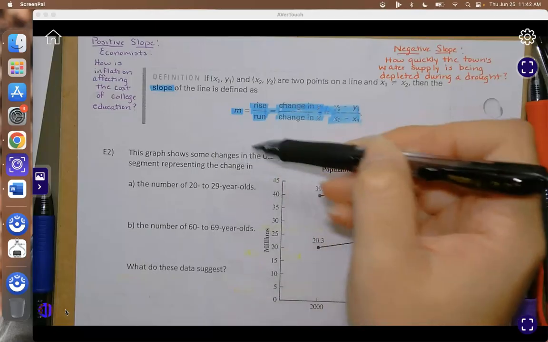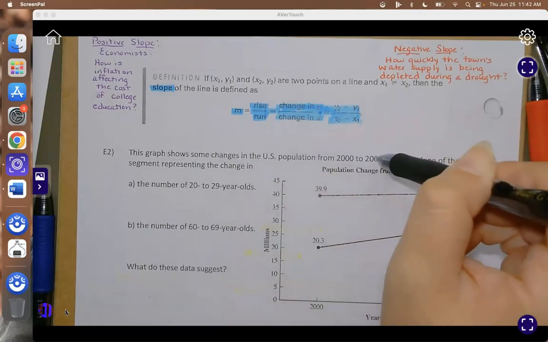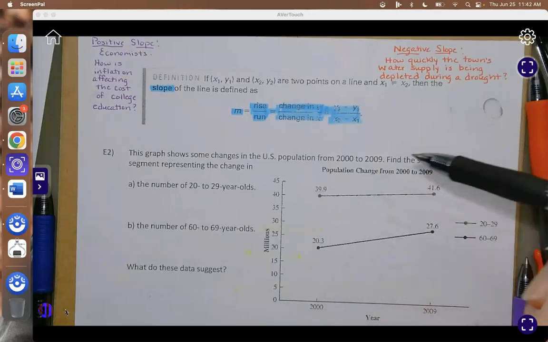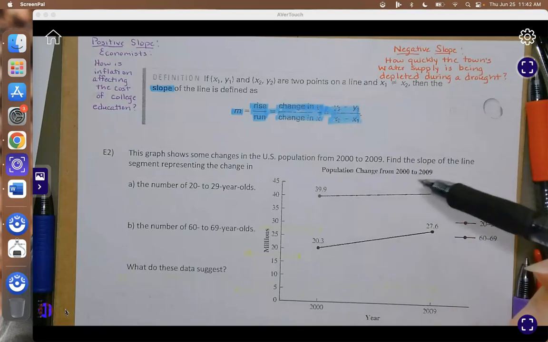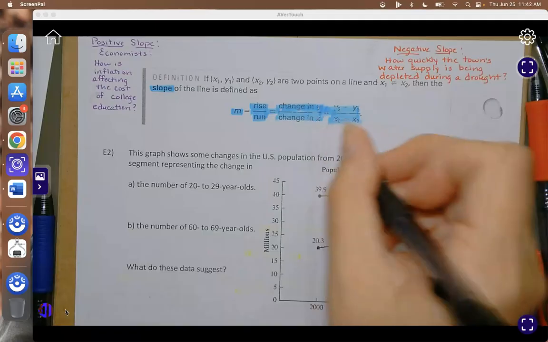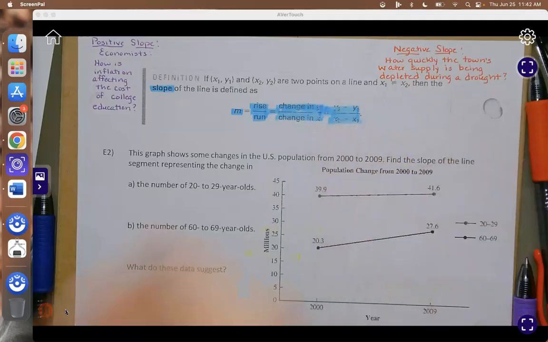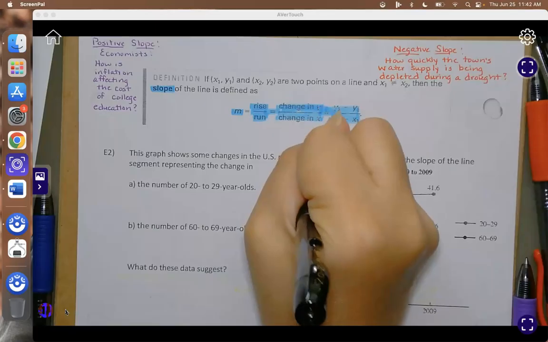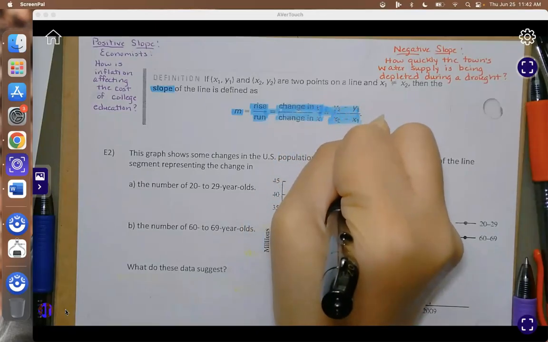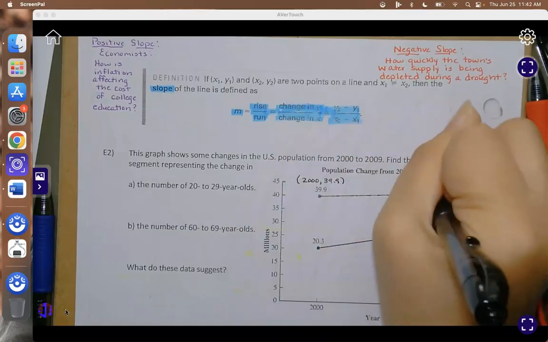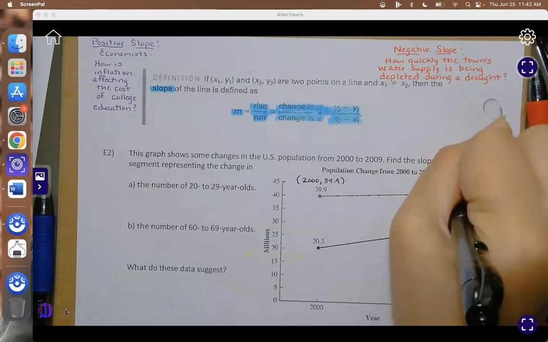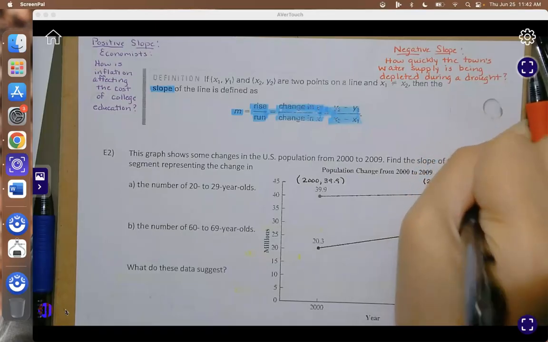So this graph shows some changes in the U.S. population from 2000 to 2009. Find the slope of the line. So in 2000, for this population change, for 20 to 29-year-olds, it was 39.9 million. And in 2009, it's 41.6.